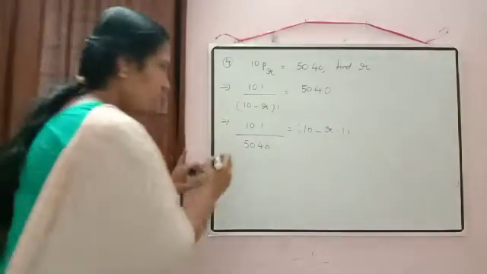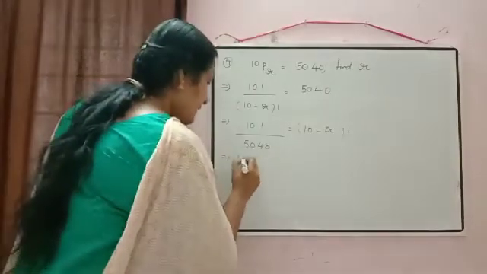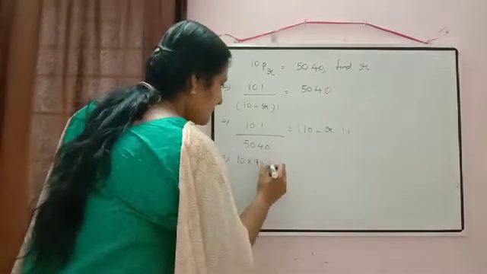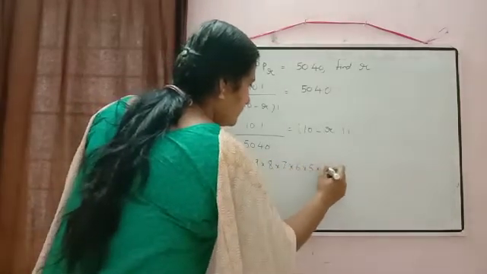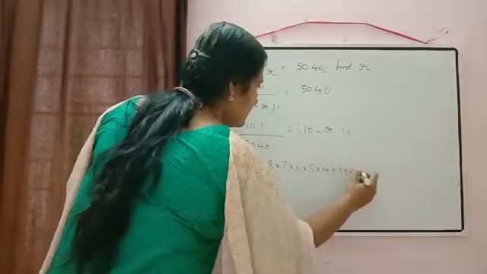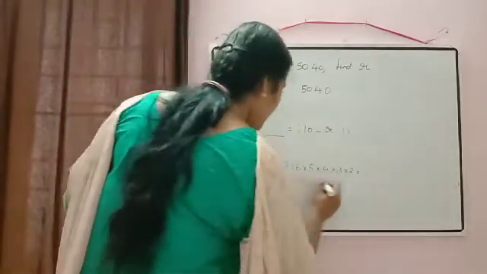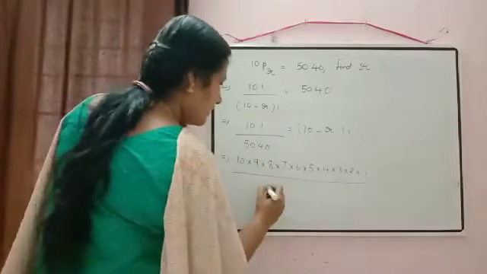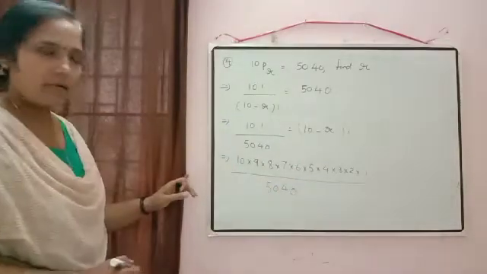Correct? Now 10 factorial, how will we rewrite it? It can be written as 10 into 9 into 8 into 7 into 6 into 5 into 4 into 3 into 2 into 1, by 5040. Now let's check how we can cancel it.